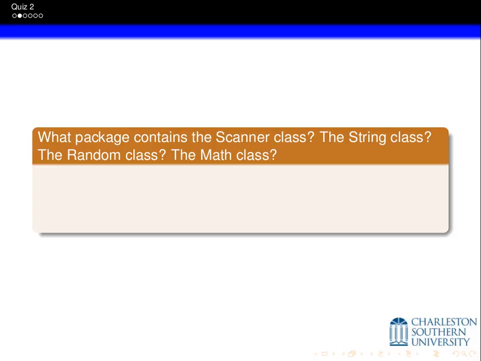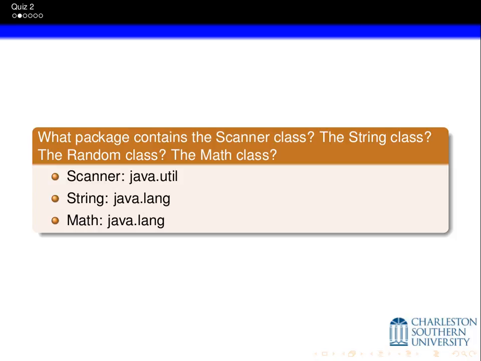Random, what is Random in? String. Math is in java.lang. And I totally ignored the Random class. Did we talk about what's special about the java.lang package? It is automatically included in all your Java programs. You don't need to import it. It's automatically imported.